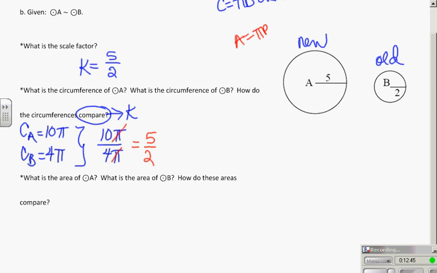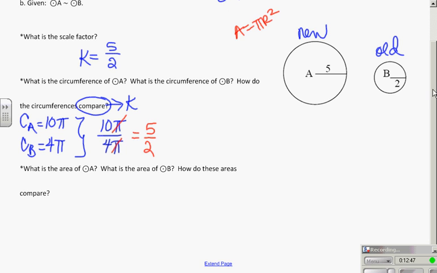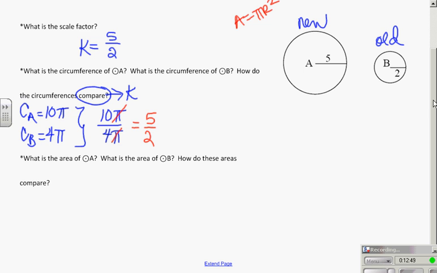Now the area, and if you remember, area of a circle is pi r squared. Remember, I expect this to be k squared. The area should compare at a factor of k squared. So let's see if they do. The area of circle A is going to be 25 pi.